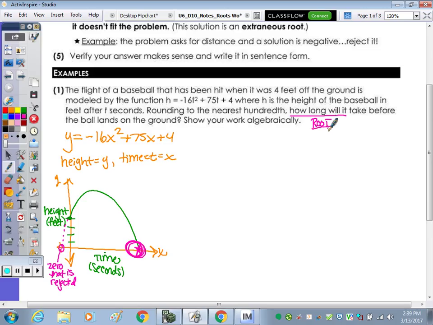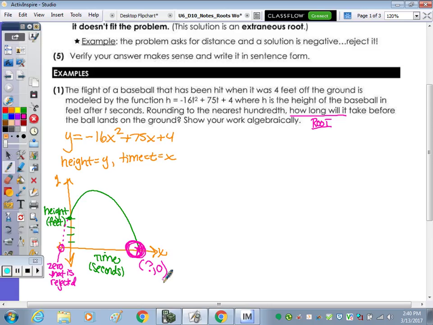How do you solve for a root or the x-intercept with a quadratic equation? How do I find a root? So any method, factoring, quadratic formula, or completing the square works because right here, we're looking for where x is when y is 0.